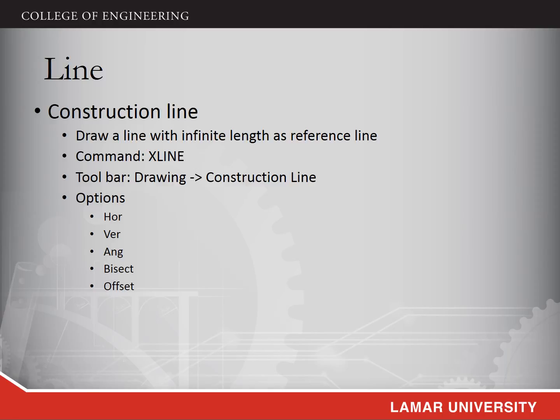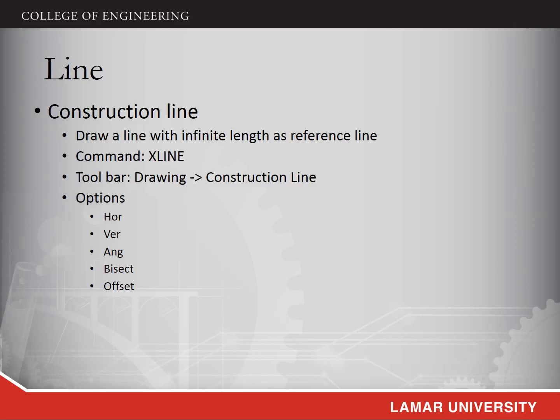The second type of line we will learn is a construction line. Construction line is actually used as the reference line in AutoCAD drawing a lot. With this command, you can draw a line with an infinite length, and the command to draw this line is XLINE. You can also go to the toolbar, Draw, and select the construction line operation.